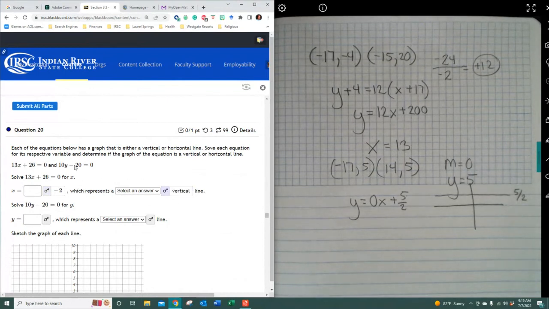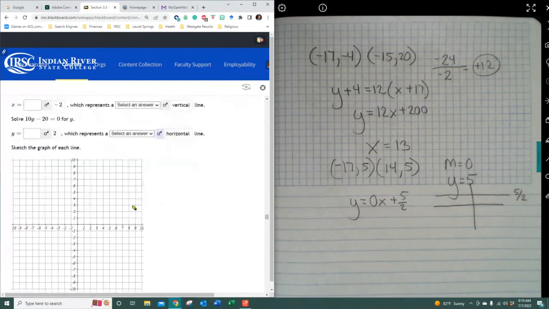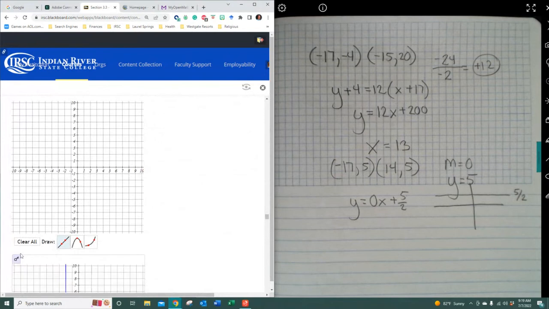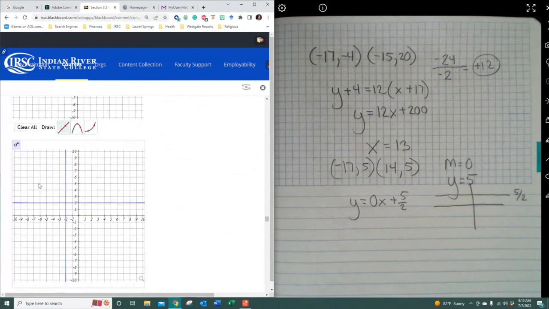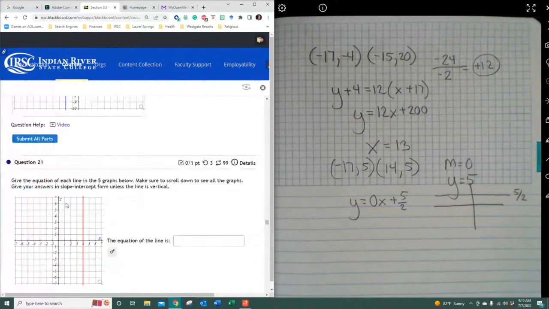Okay, this one represents a horizontal line, so you're going to go ahead and get a +2 on that one, and then that represents a horizontal line. And so when you graph them, you get 2 cross-sectionals. All right, this is a cross-sectional, I should say. All right, that's it.